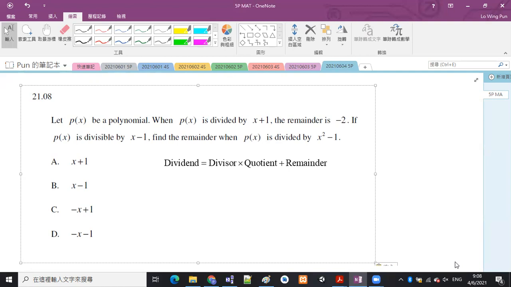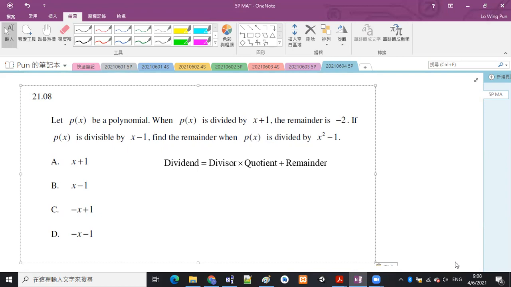This is also a divisor. Divisible by is equivalent to divided by, but this time it gives you extra information, that the remainder equals 0. By x minus 1, no square term, so we can use what we have learned before. That is P1 equal to 0.